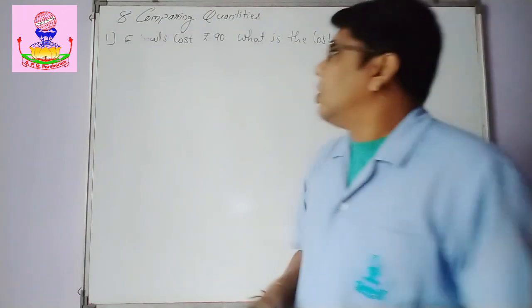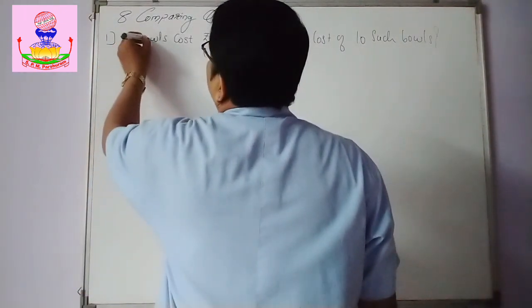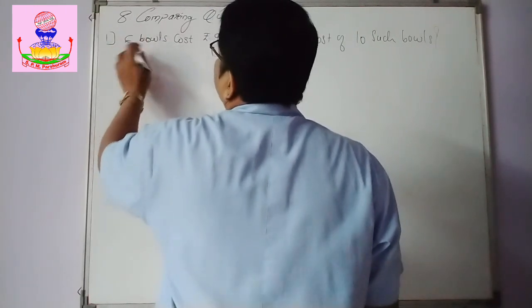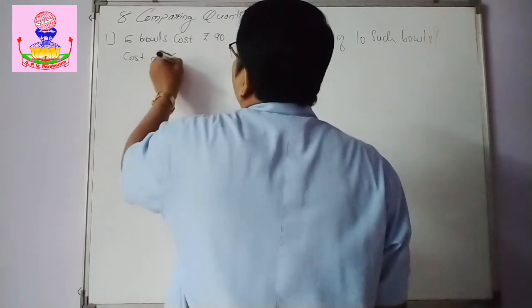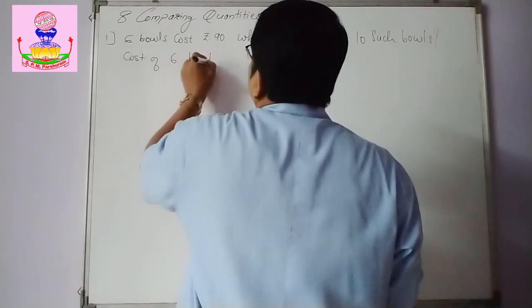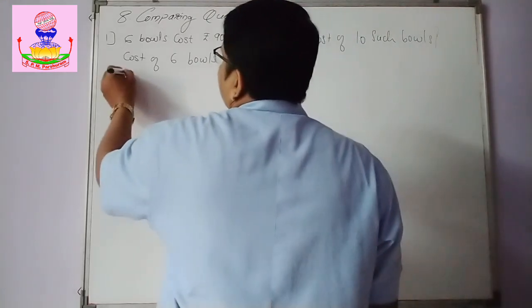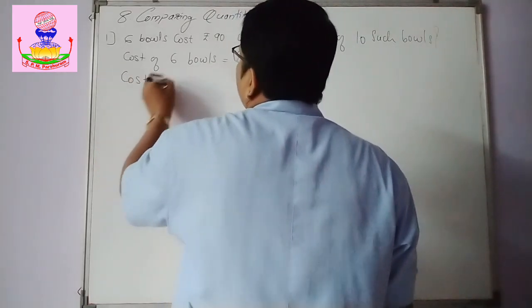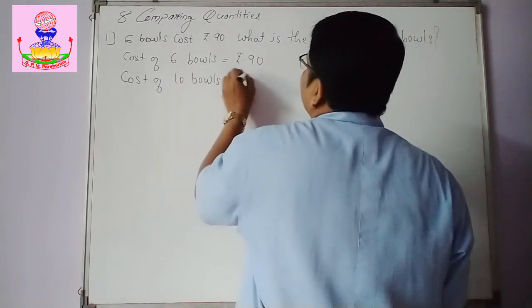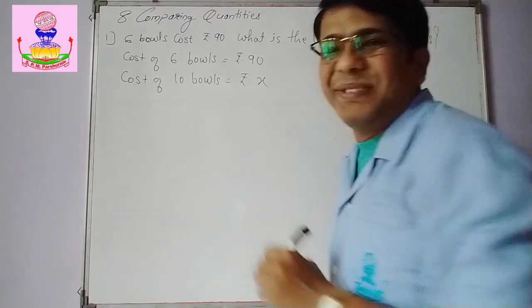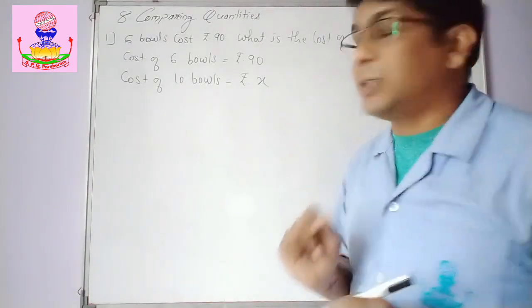The cost of 6 bowls is rupees 90. The cost of 10 bowls, of course, we don't know, so rupees X.